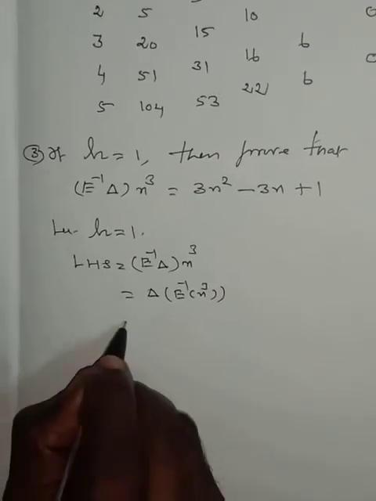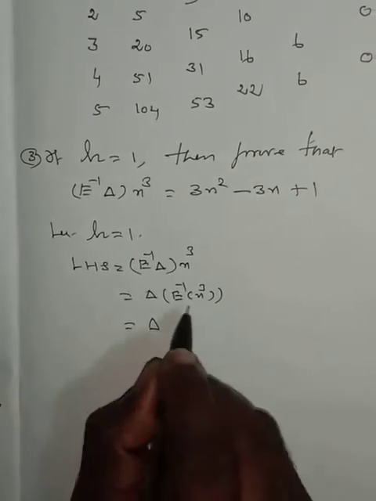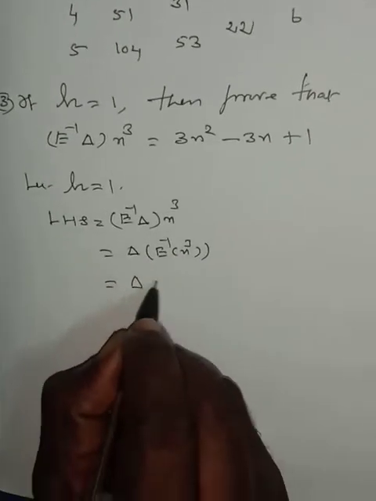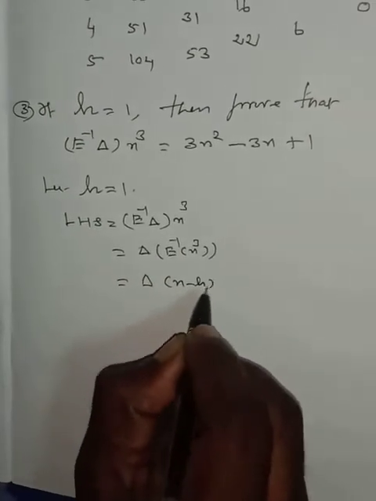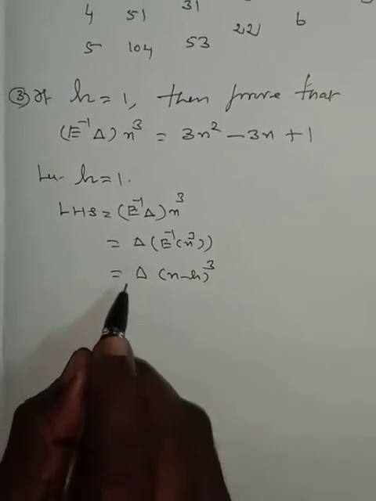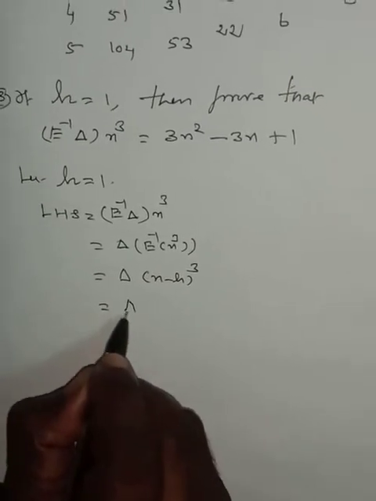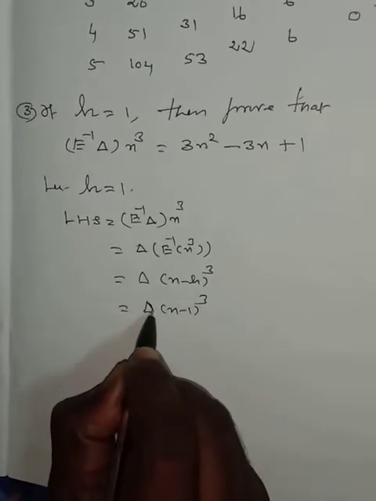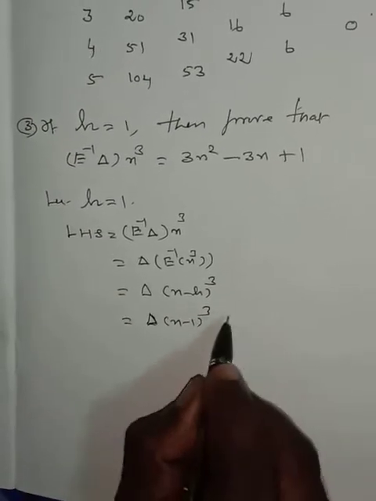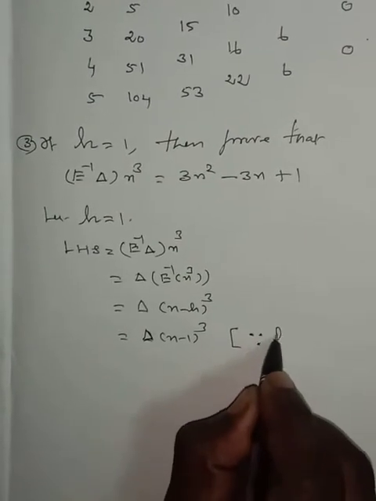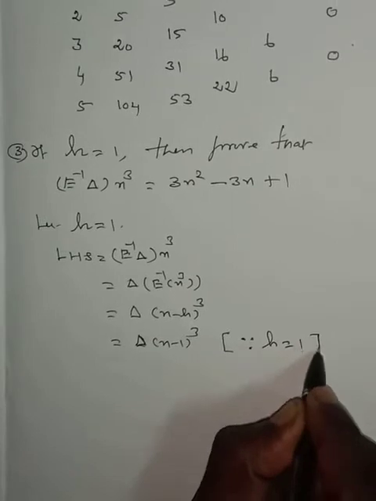This means delta E power minus 1 x power 3 is x minus h whole to the power of 3, by the property. This means delta of x minus 1 whole to the power of 3. Why? Given h is equal to 1, since h is equal to 1.